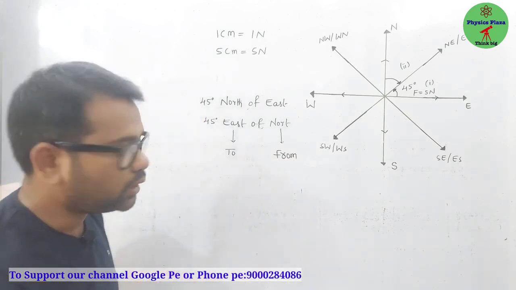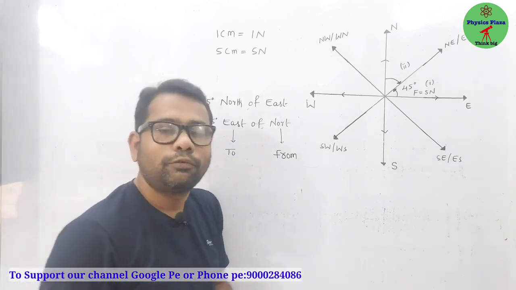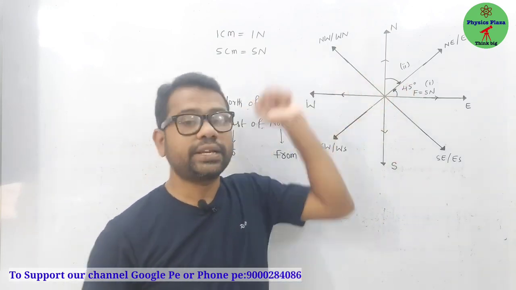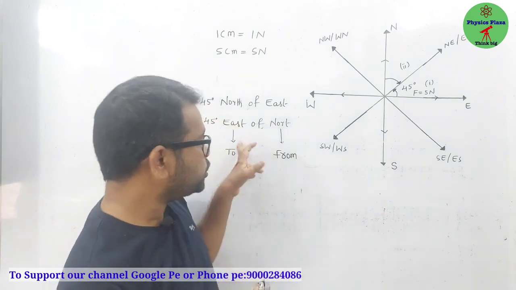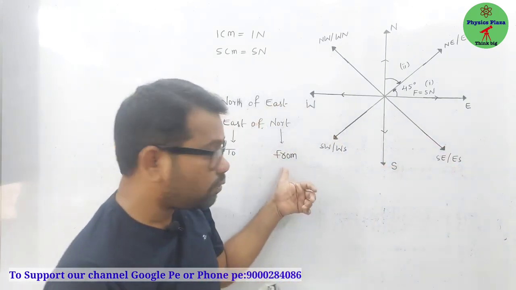So if you have an idea about this small point, then we never have confusion whenever we are taking the directions. Is it clear? So again I am telling you, first the "to" should come, in which direction it is moving. And the second one, what should come?